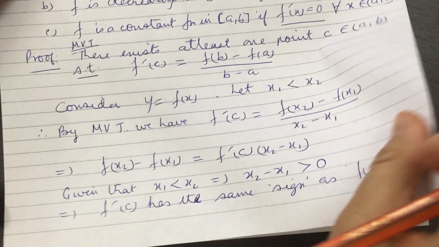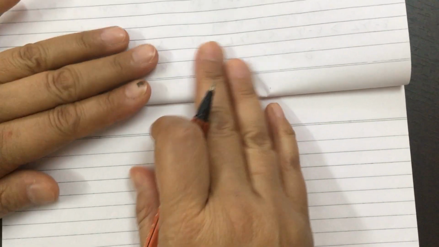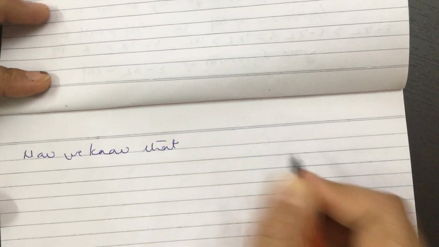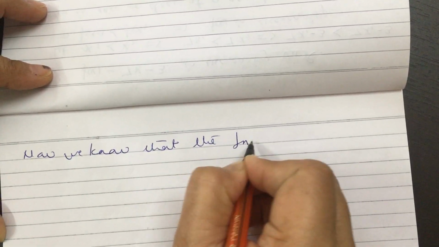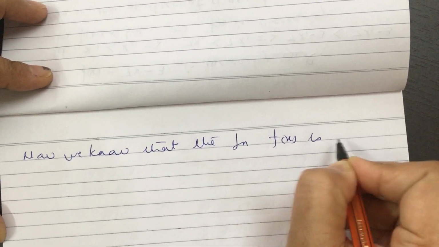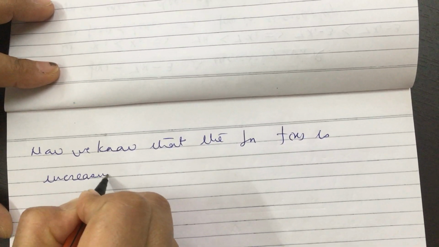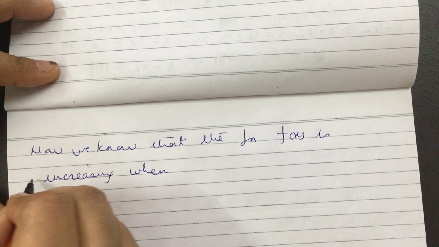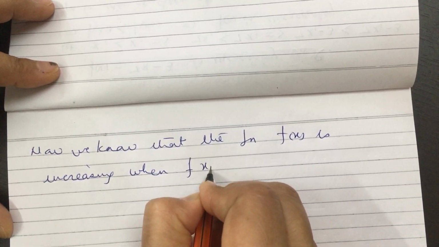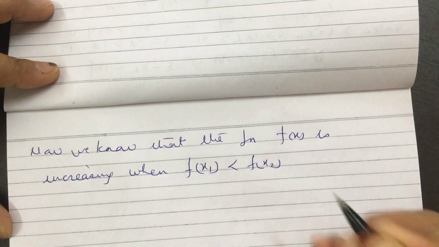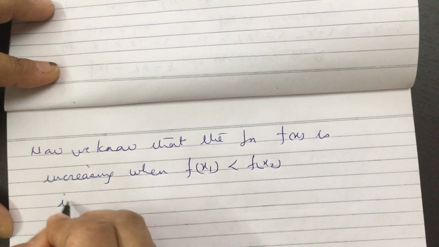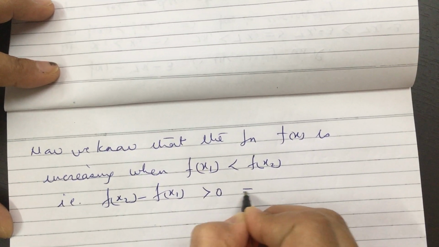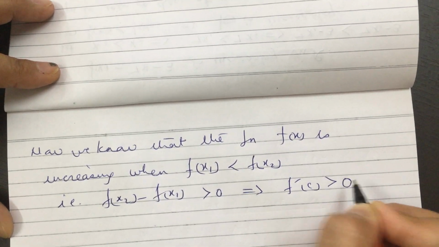Now we know that the function fx is increasing when fx1 is less than fx2, that is fx2 minus fx1 is greater than 0, which implies that f dash C is greater than 0.